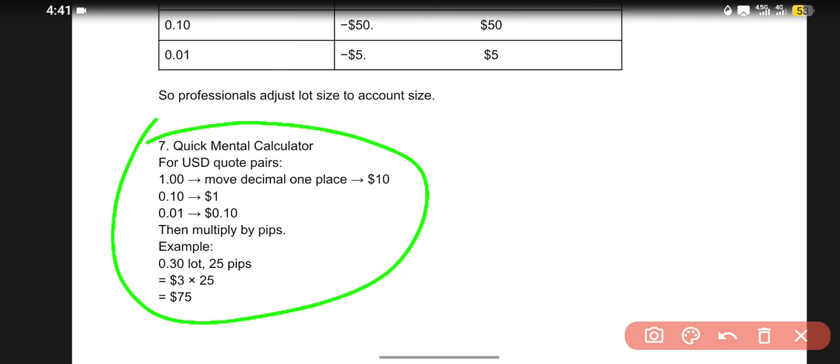Now we are using one lot size, and then 0.1, and then 0.01.